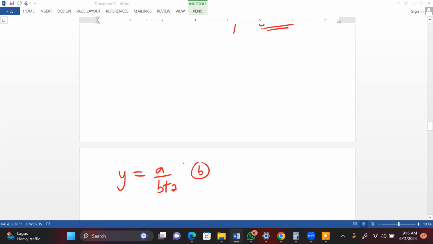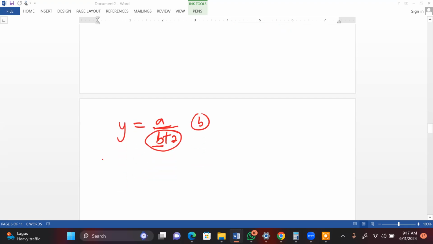When you have a question like this, and it's a fraction, the first thing you do is cancel the fraction. To remove it, multiply both sides by the denominator. The denominator here is B plus 2.